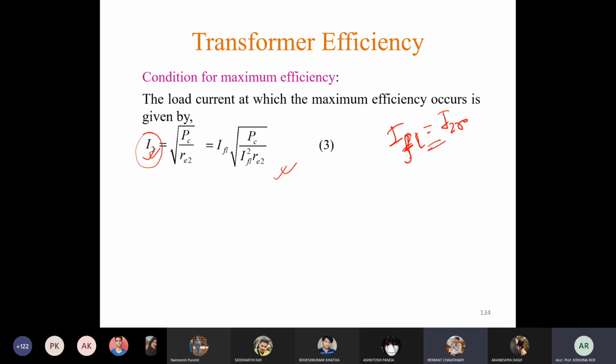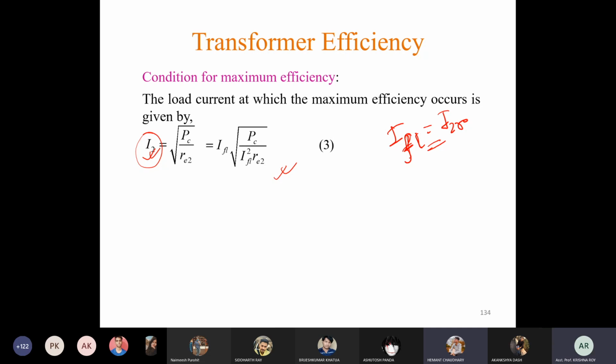So at full load, if you calculate the copper loss and take the ratio, PC by full load copper loss, take the square root of that, and multiply it by the full load current, then you will also get the load current value for which efficiency will be maximum.